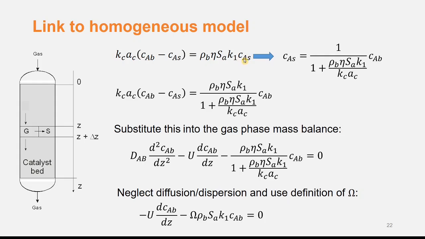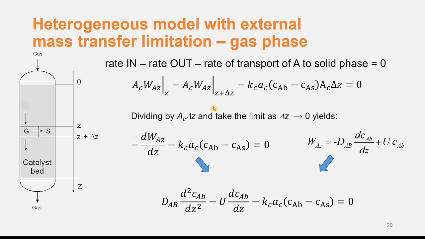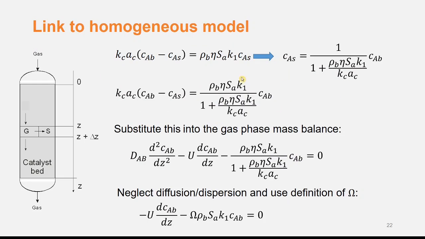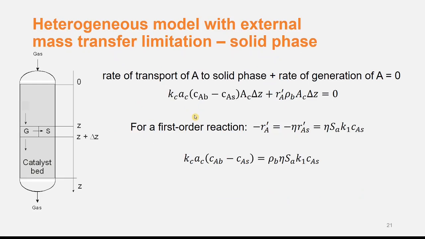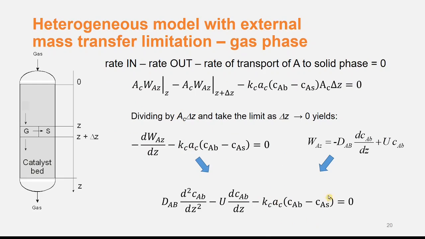And then use this term, KCAC times CAB minus CAS, to eliminate the KCAC term in the gas phase material balance. So substitute this term here into this term. Doing that will give us this expression.